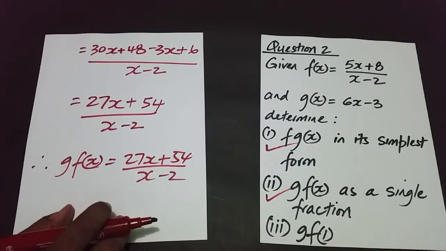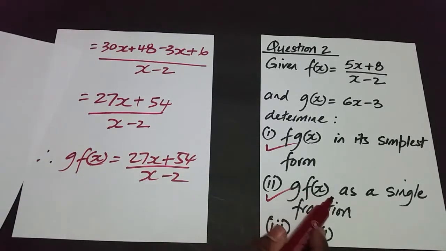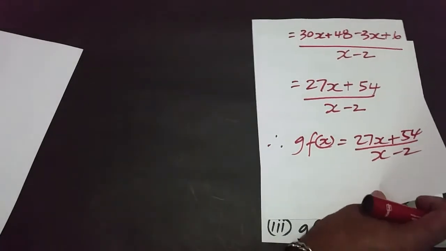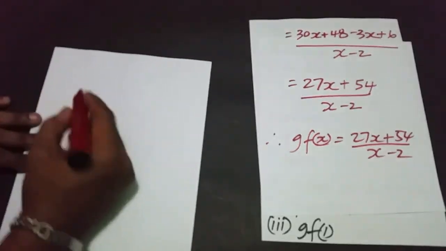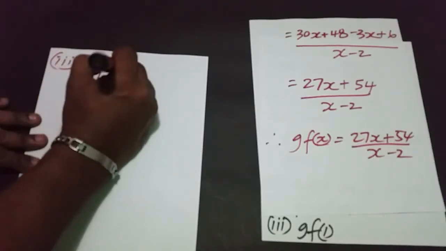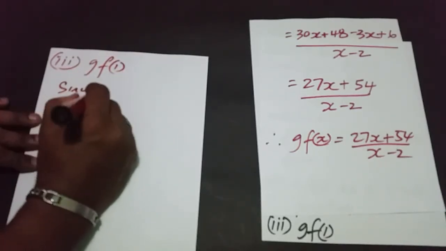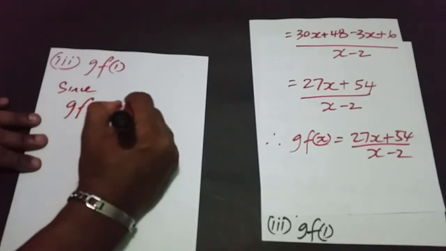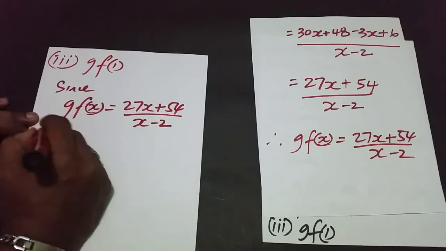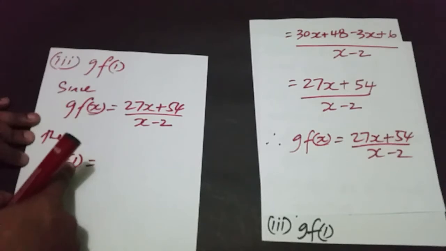Now part 3 is very, very simple, and we can get that done very quickly, because if we have g of f of x, then finding g of f of 1 is no problem. So let's just get that done. So for part 3, g of f of 1, so seeing that since g of f of x equals 27x plus 54 over x minus 2, then g of f of 1 simply means replacing x with 1.